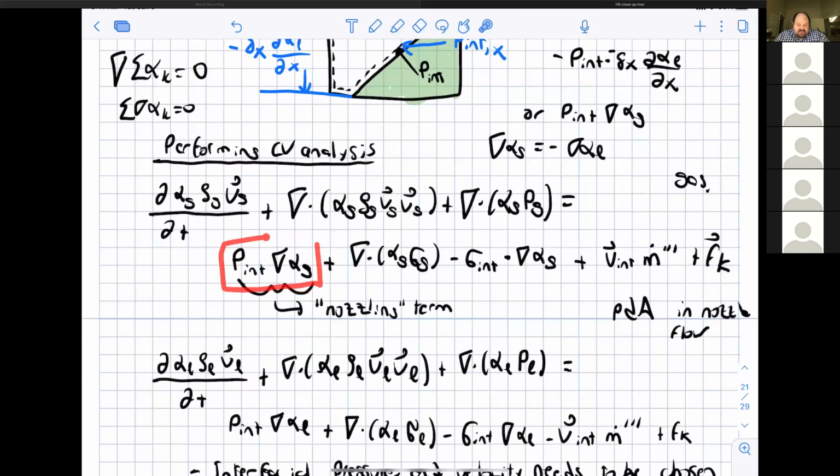Basically in this context, what that means is that if you were to compute the sound speed for this multi-phase mixture, some of the wave speeds would start to have complex values, and then you can usually trace the source of that to this interfacial pressure nozzling term here. So this is evil, but it is necessary to include that term. Otherwise, things are completely wrong. For our blast stuff that we do, if we don't include this, we get crazy results. Okay.